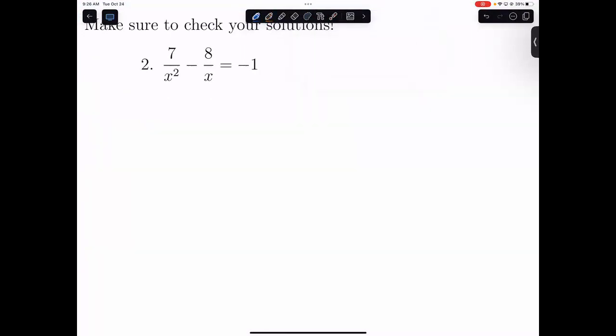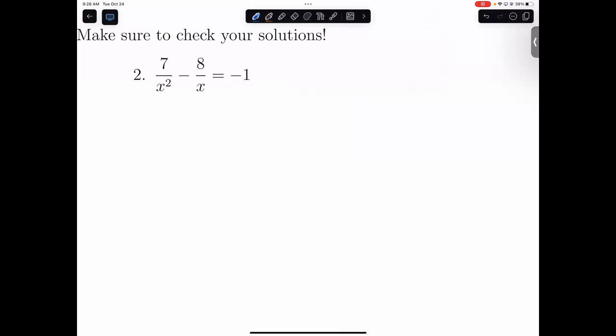Okay, what is the least common denominator for this one and number 2? Smallest thing that x squared and x and 1, if you want to think about it that way, they all go into. We have to build up, right? So the fact that this is x times x, think about it like if you were talking about fourths and halves.